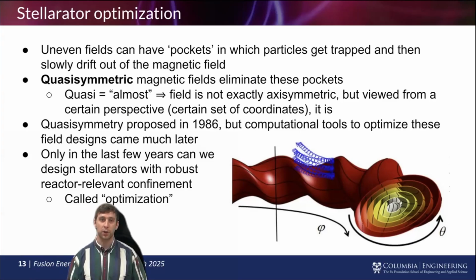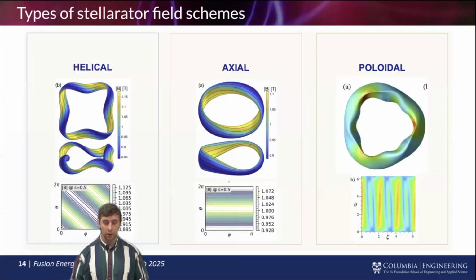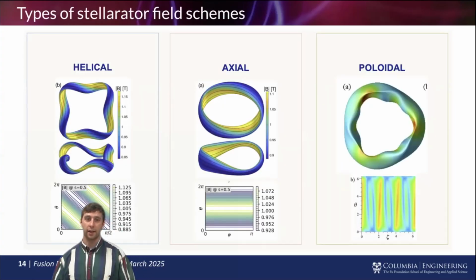So there's been a lot of work, even in the last 5 years, to create highly optimized stellarators under certain conditions, optimizing for different metrics of confinement or stability to create the optimal stellarator. There are different ways that we can create that symmetry. You can use helical symmetry, axial symmetry, poloidal symmetry.